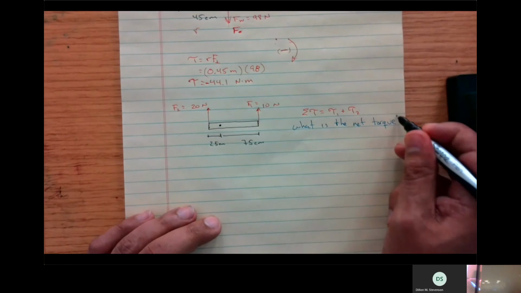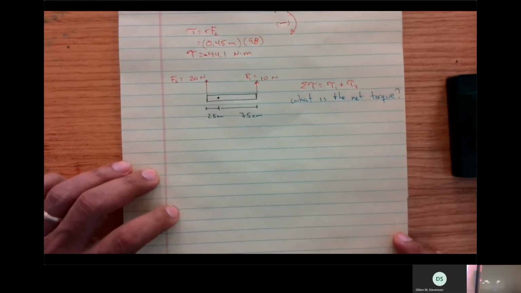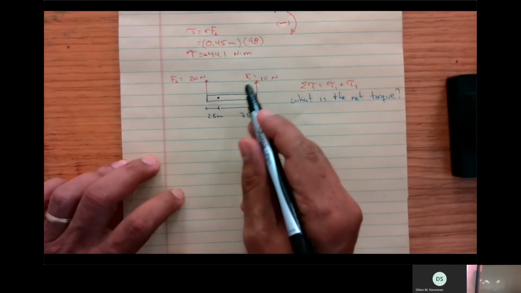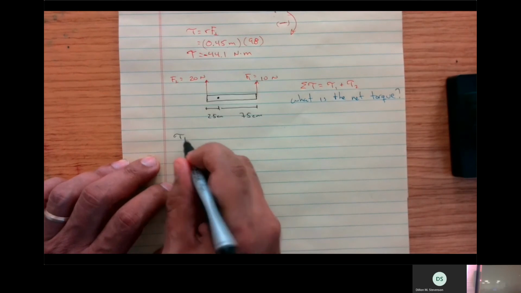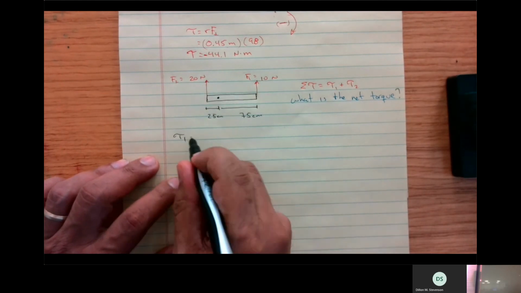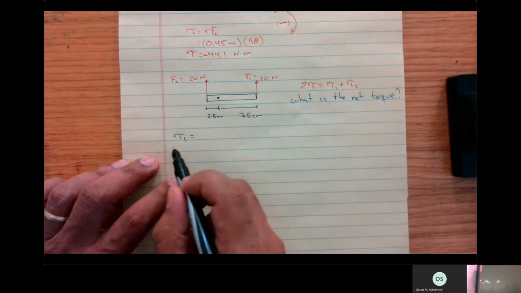Okay, so really quick. We have two torques. I'm going to calculate first the torque caused by the first force. So tau 1, and also, by the way, try to get used to writing a tau and not a t.